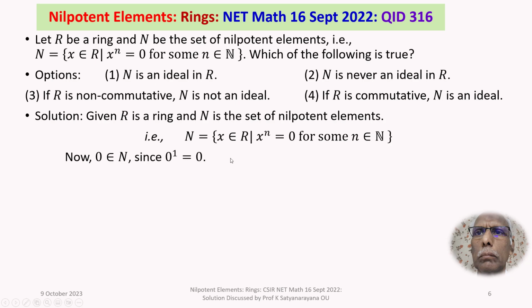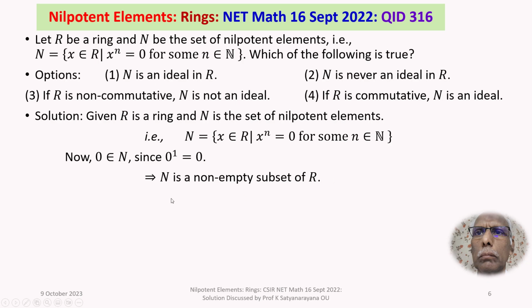Now, notice that 0 belongs to N. How? 0 power 1 is 0. Therefore, 0 is a nilpotent element. That means in any ring R, 0 is always a nilpotent element. So this tells you that N is a non-empty subset of R.